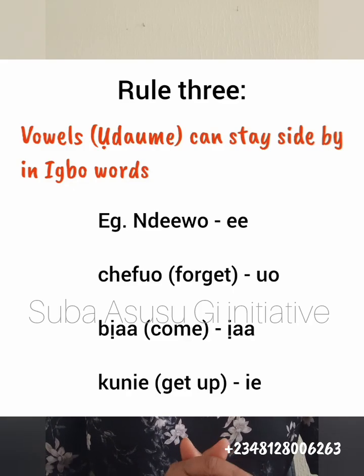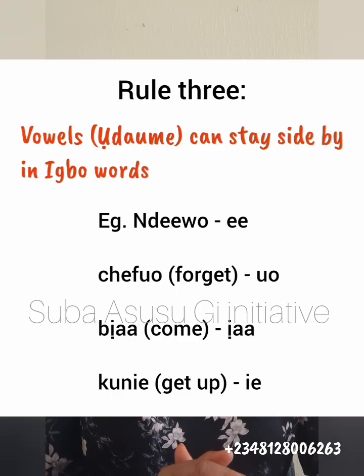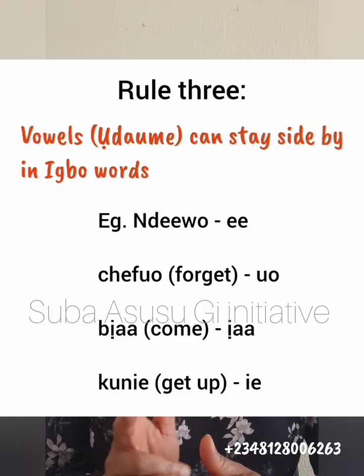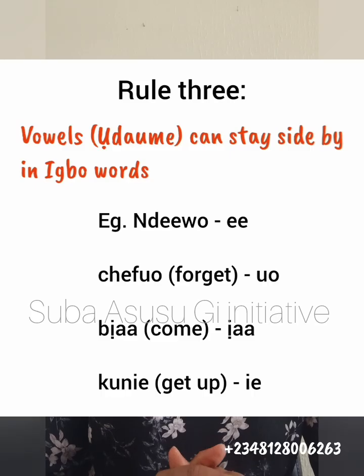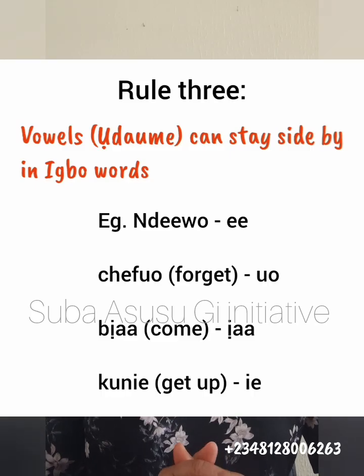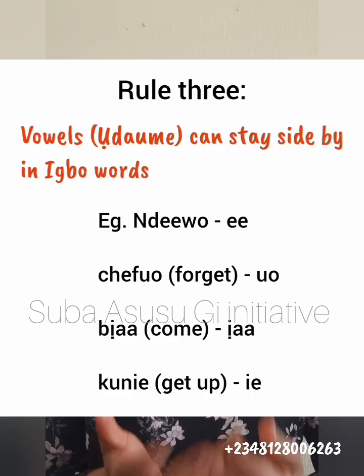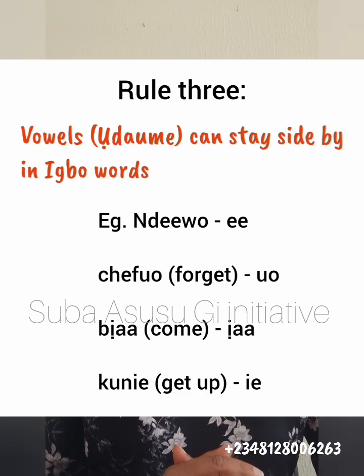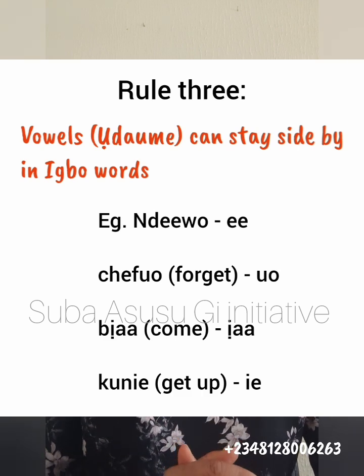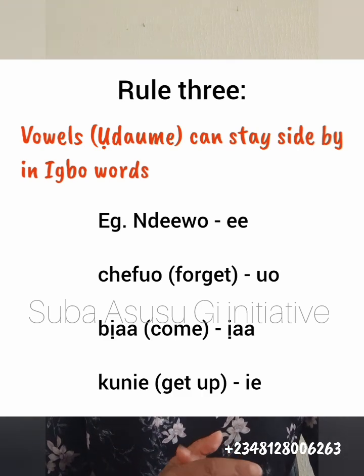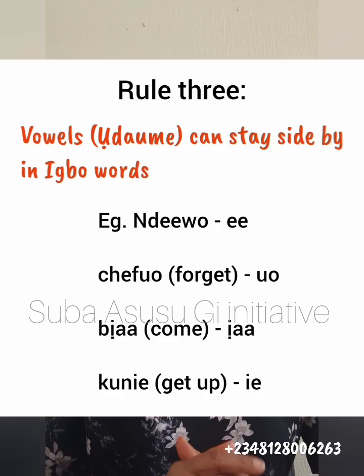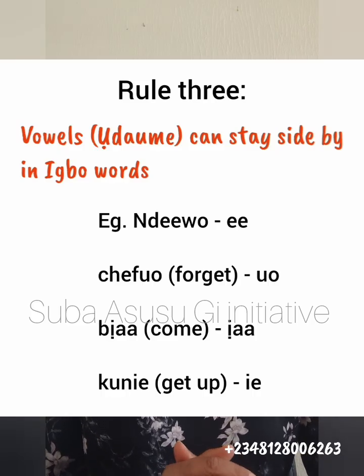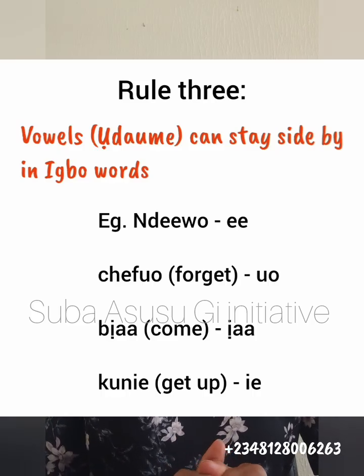So you also have vowels side by side, i and a. Great. Then you have kunye, which is get up. Kunye, get up. So you have u and y side by side. Great job.